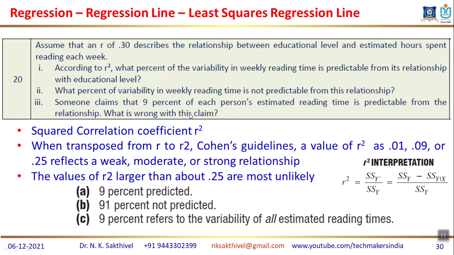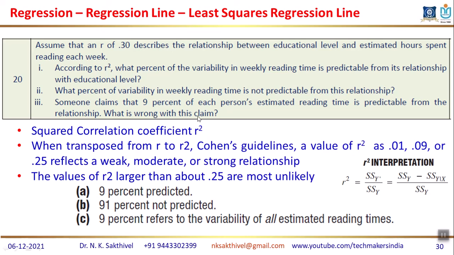Whether it is wrong or not, I suggested the predictable chance is 9%. So the answer is like this: 9% refers to the variability of all estimated reading. Am I correct? So 9% means not each person's, not every person's estimate. So this is the answer. What is wrong with this claim?